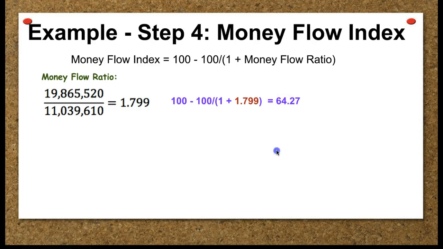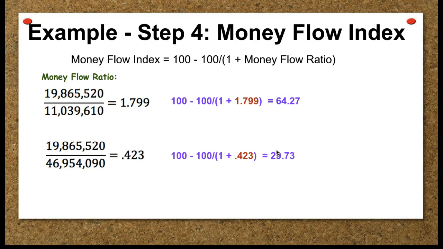I'm going to do one more for you. Here's the next one, 0.423. When I plug that in, I get 29.73. When you're looking at graphs, this is what they're graphing, the money flow index. However, remember, we're doing this on a day-to-day basis, and usually the graphs that you look at will be on a 14-day basis.